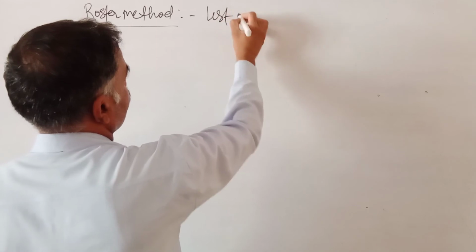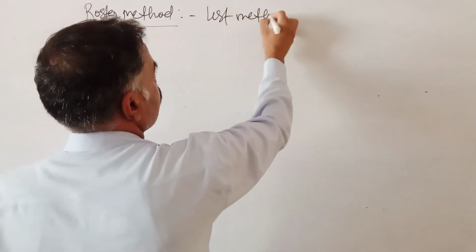This is the second method and the alternative method. Alternative means the original method was the set builder method, but after some time mathematicians invented one more method by which we represent the given collection, that is the roster method. This method is also called the list method or tabular method.